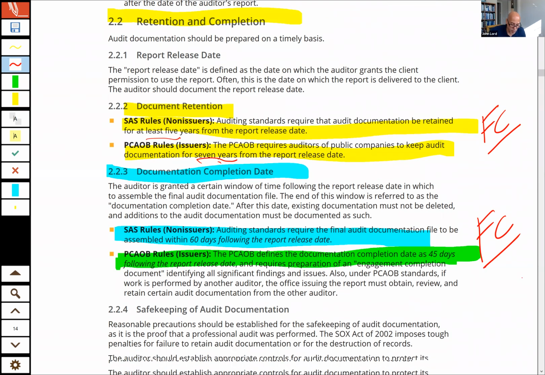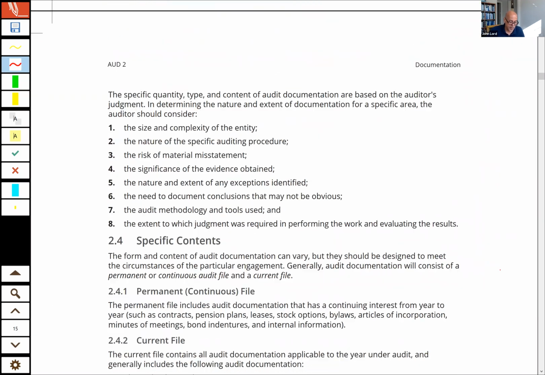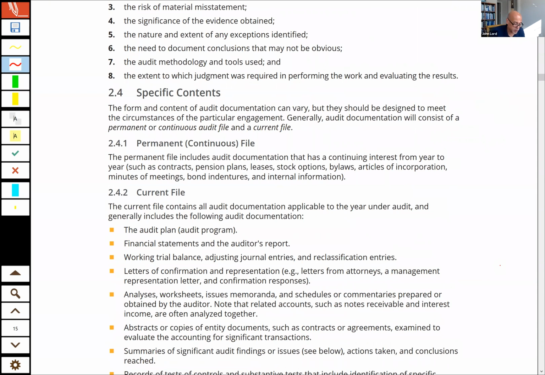Okay, good. Come over and let's take a look at content, specific contents. And the permanent file is things that are of a long-term nature. They go from audit to audit, from year to year.